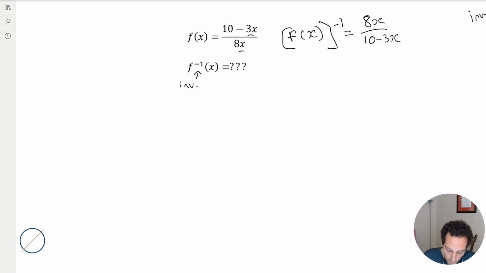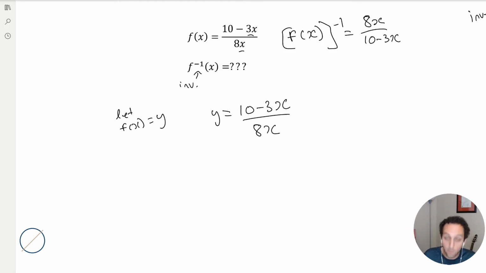First steps first, we could let our function in terms of x equal y, because that's super easy when we're doing our algebra. And we begin isolating for x. So what we're going to do is multiply both sides by 8x. These will cancel out.